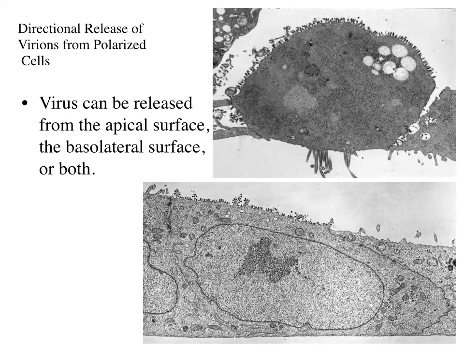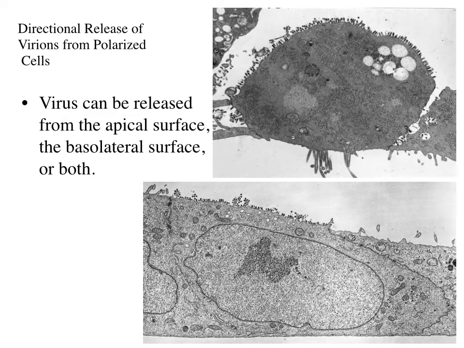Directional release is a major determinant of the infection pattern. In general, virions released at apical membranes establish a localized or limited infection. In this case, local lateral spread from cell to cell occurs in the infected epithelium, but virions rarely invade the underlying lymphatic and circulatory vessels.